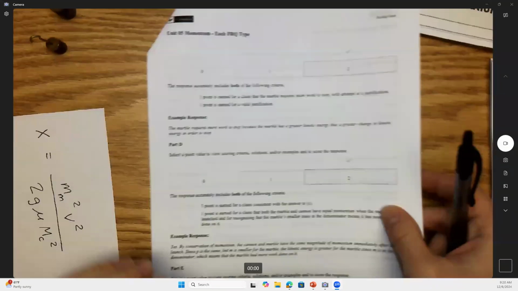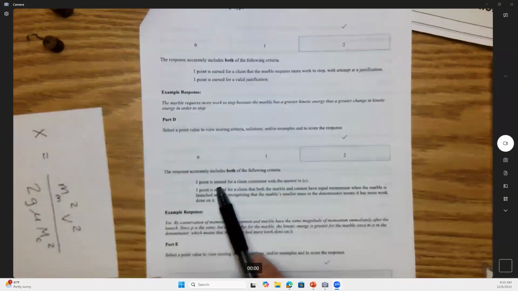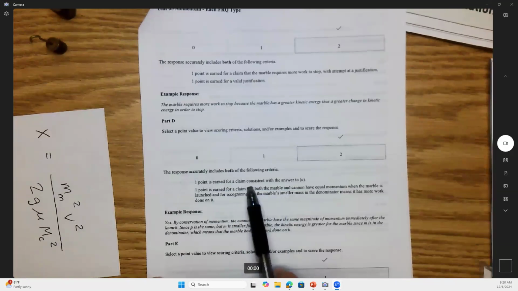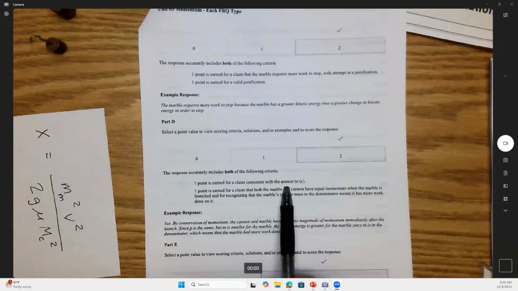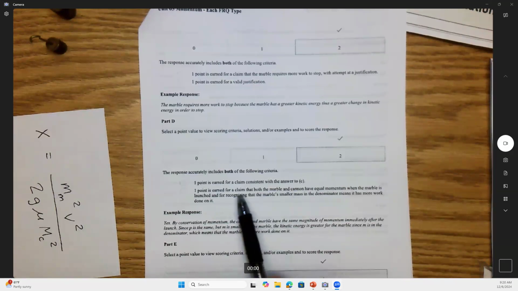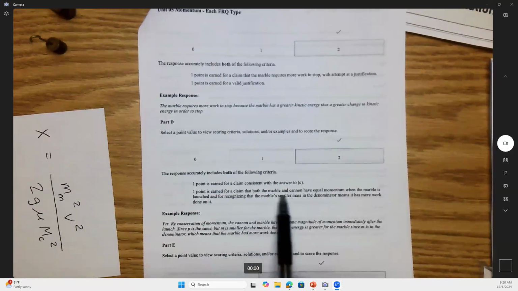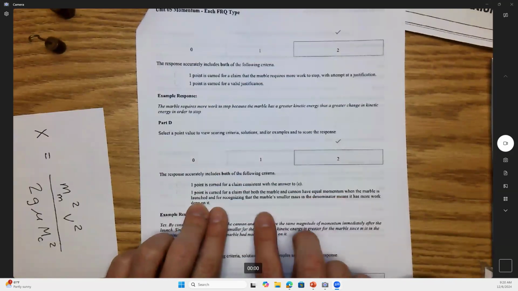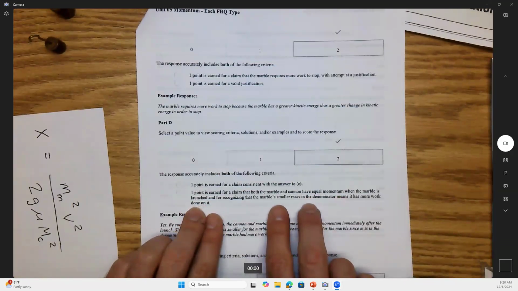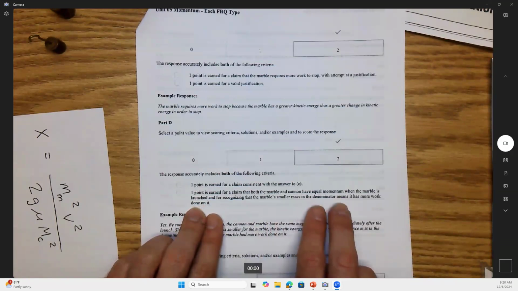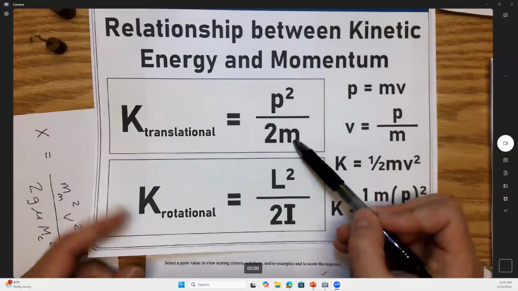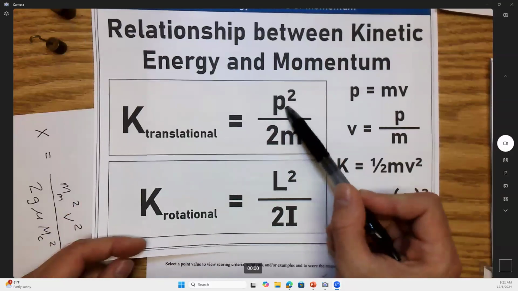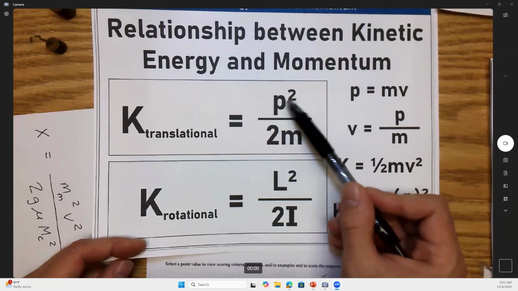You got 2 points. 1 point for a claim consistent with the answer to part C. A second point for the claim that both the marble and the cannon have equal momentum when the marble is launched, and for recognizing that the marble's smaller mass in the denominator means more work done on it. So what they're saying is that they have the same momentum, so the numerator is the same for both the cannon and the marble.